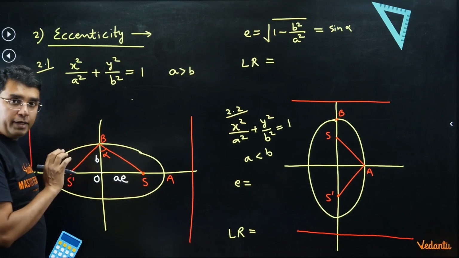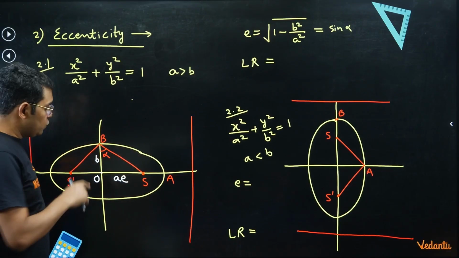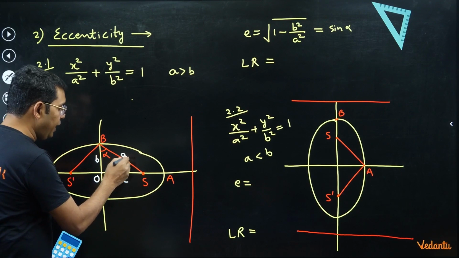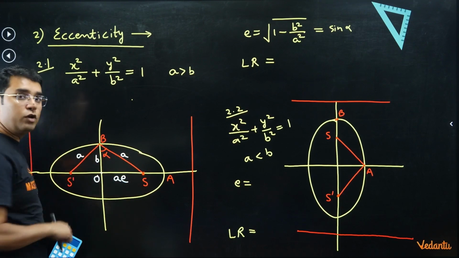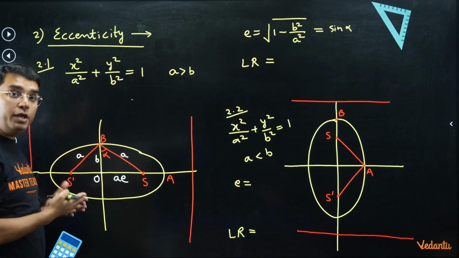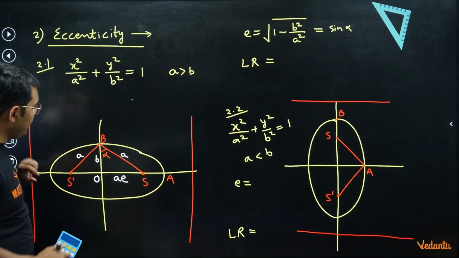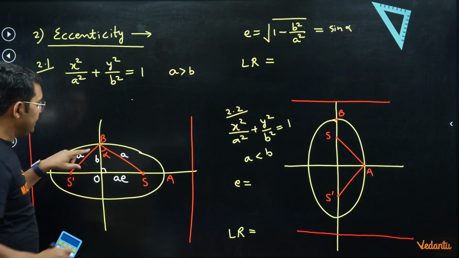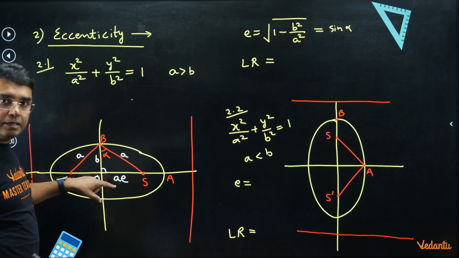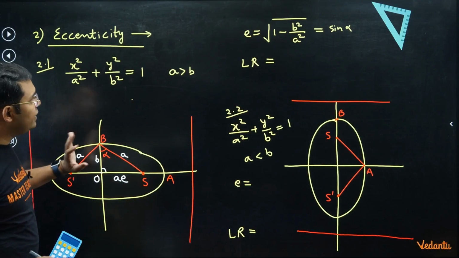Because this point B is placed symmetrically, its distance from one focus will be a, and its distance from the other focus will also be a, because they have to be equal and the sum is equal to 2a. So now you can see that, because this angle is 90 degrees, sine alpha is equal to e directly. So that is one thing I would like to tell you.